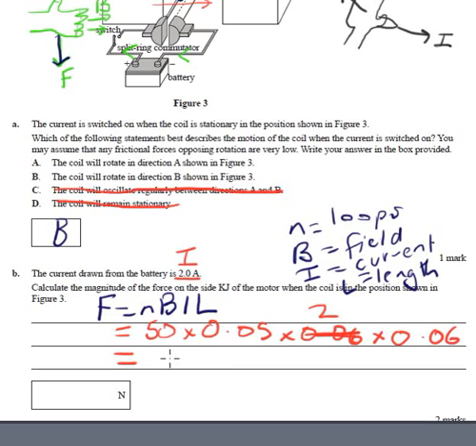And when I do it on my calculator, that equals 0.3 newtons. Now it's asked for the magnitude. Magnitude just means size, so it's just the number we're after, not a direction, although we had worked out the direction before. So 0.3 newtons. Done.